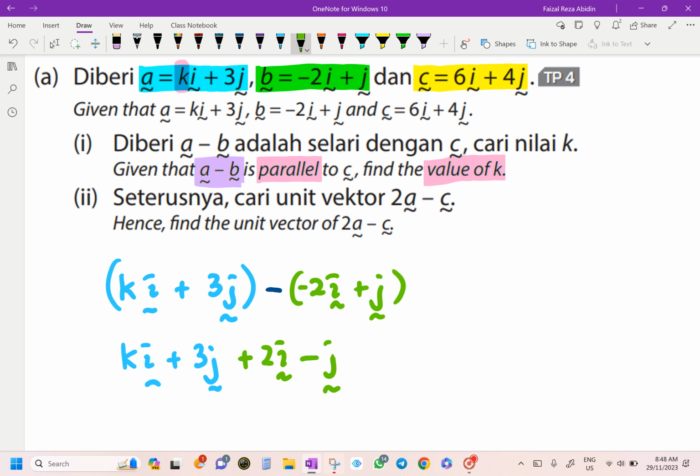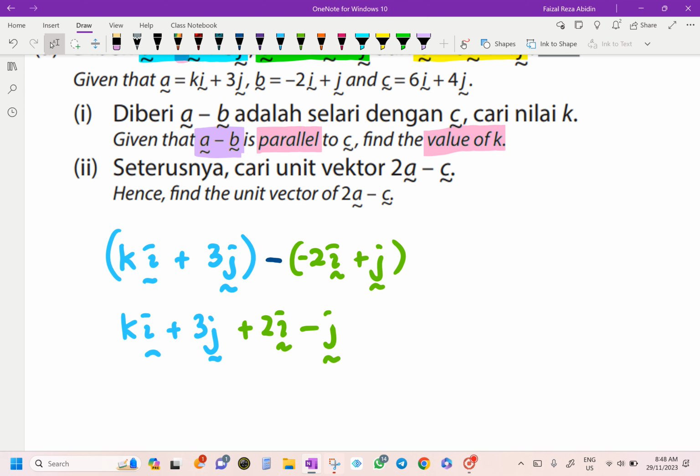Okay, wrong. So k plus, we take the same terms here. k plus 2, so you're going to get k plus 2i. 3j minus 1j, we are going to get our 2j. Okay. What did you get here?